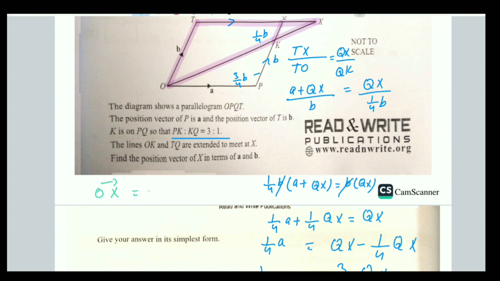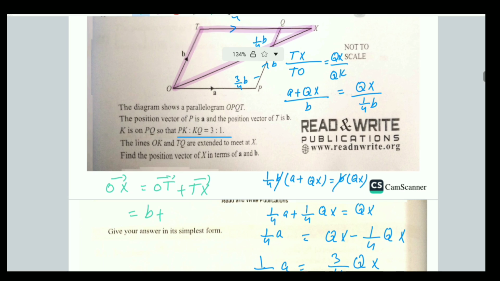OX is equal to OT plus TX, and OT is B, TX is TQ plus QX.